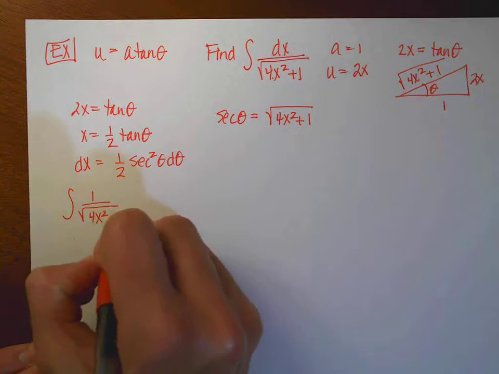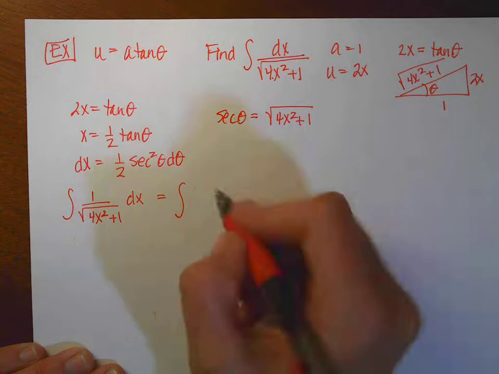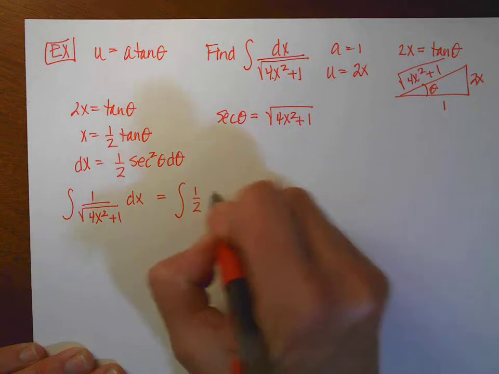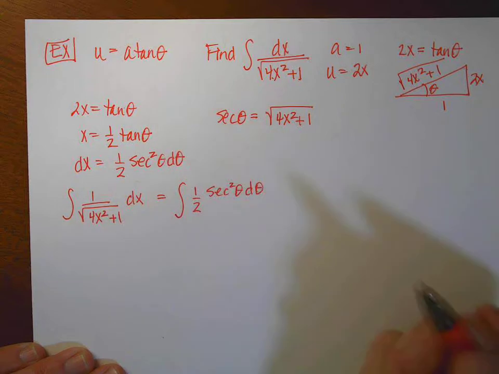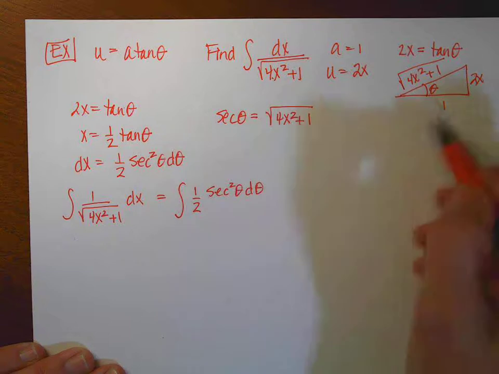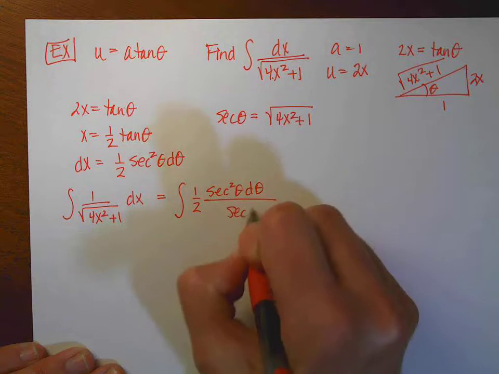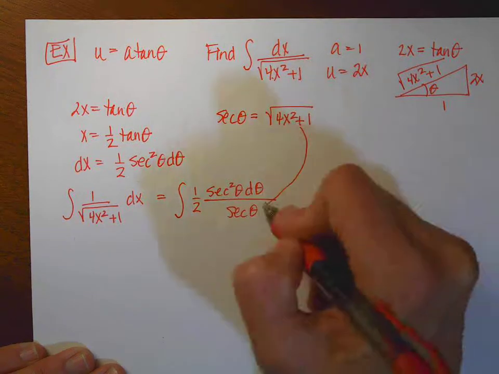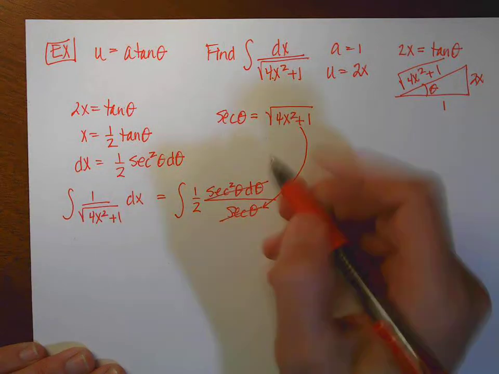So I'm going to have 1 over 4x squared plus 1 dx is going to equal, well, my dx was 1/2, and then I have secant squared theta d theta on the top. And then if secant theta is equal to this, and again, this came from my triangle, then in the bottom, this is the secant of theta, because notice that's where that came from.